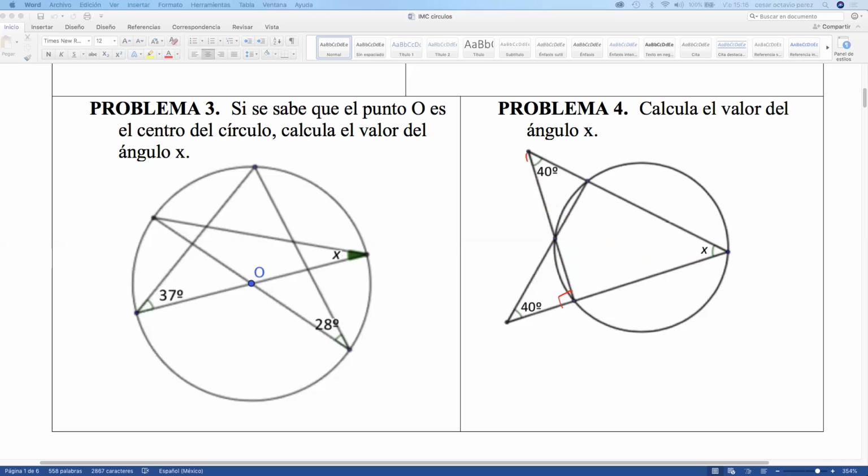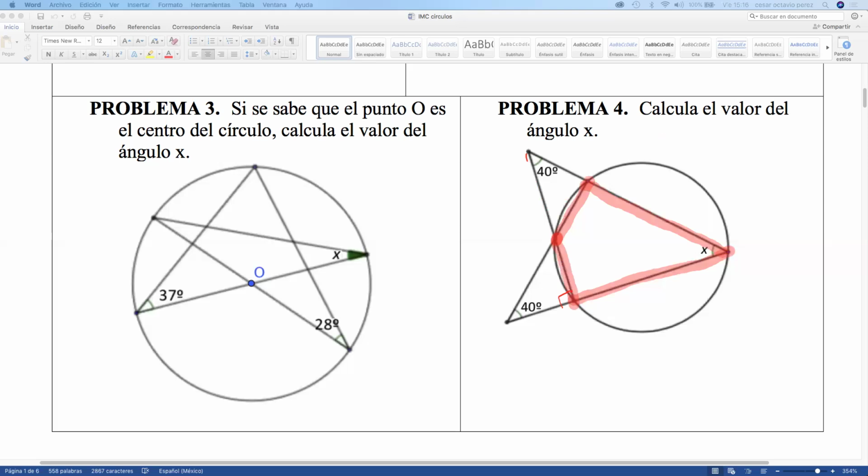Do you know what is the name of a quadrilateral like this that has all its vertices in the circle? A cyclic quadrilateral.